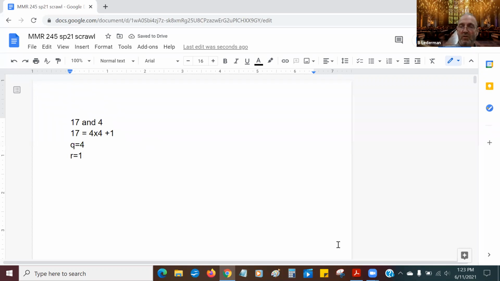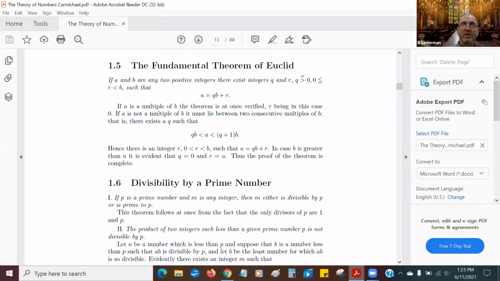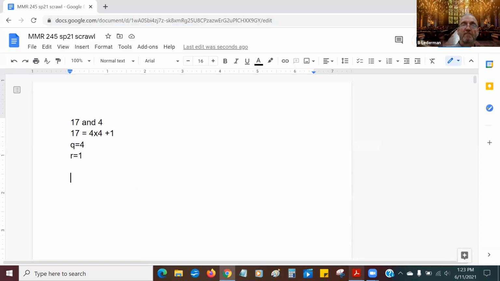Let's do another one. Let's say we have, for example, 30 and 7. So 30 is equal to 4 times, well, my quotients are always 4. Let's make it a little bigger.